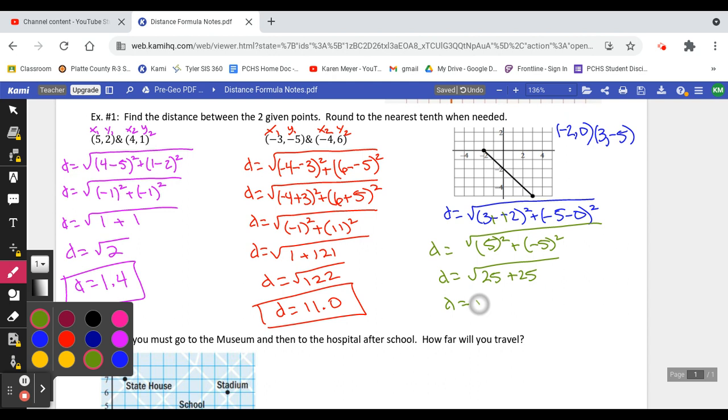So then you should be coming up with the square root of 50, and the square root of 50 rounded to the tenths is 7.1. Okay, moving on.